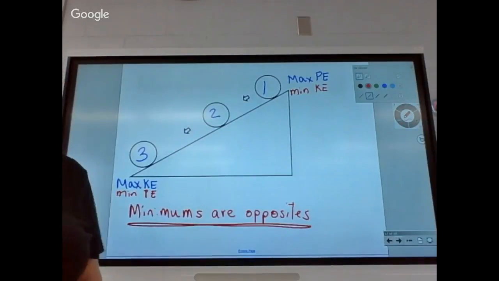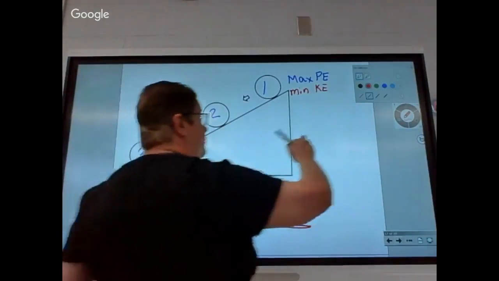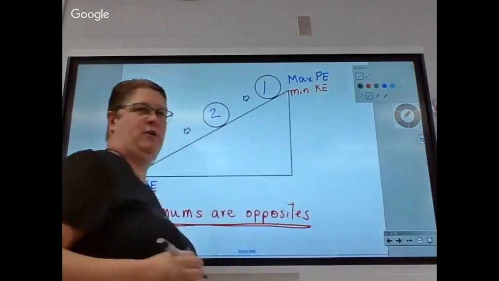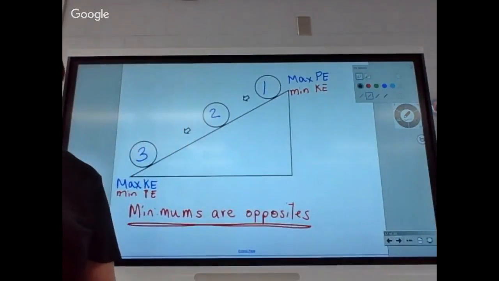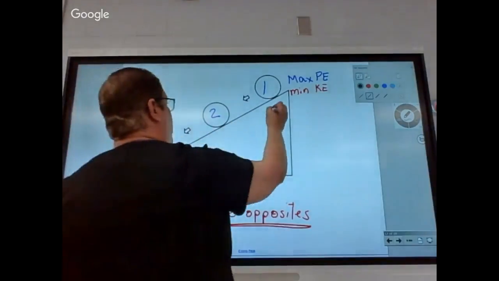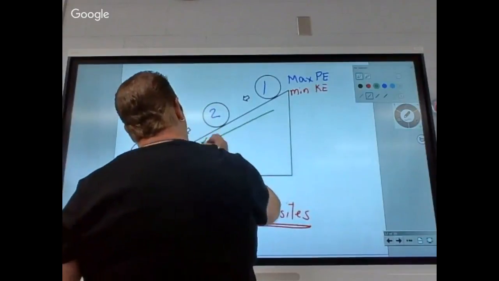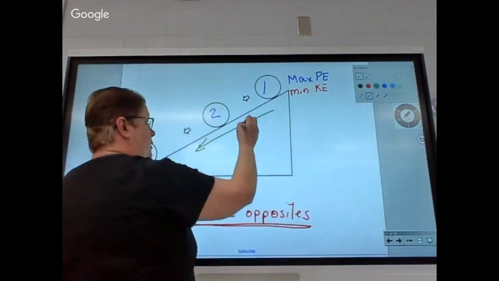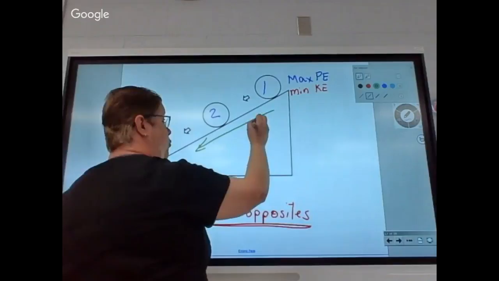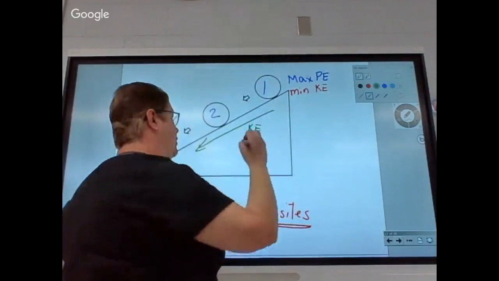Gravity and magnet. Okay? Now, this is the hard part for most people. You have to know what happens to kinetic and potential energy as the ball rolls down the hill. What happens as we go down the hill? Start spinning. Very good. Tell me why kinetic energy increases, Chase.